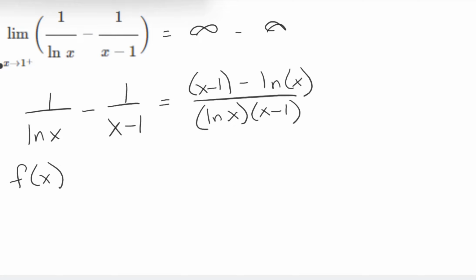So my f of x is x minus 1 minus ln of x. So f prime of x is negative 1 over x. Oh, sorry, 1 minus that. I forgot the 1. 1 minus 1 over x.